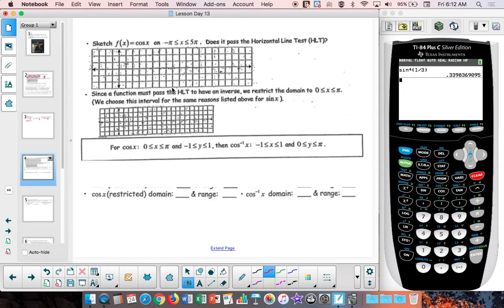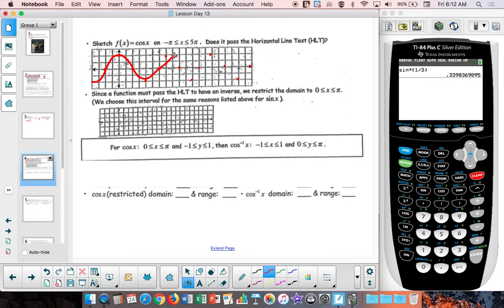All right, so cosine has the same issue. So I'm going to go through this one a little bit quicker. So already you should be able to tell this will not pass the horizontal line test.